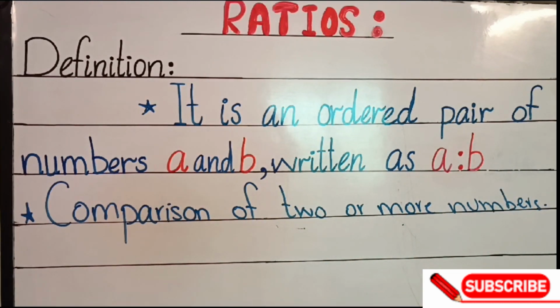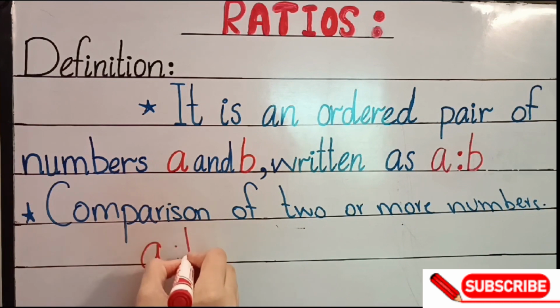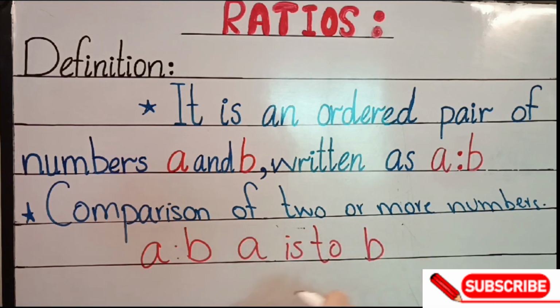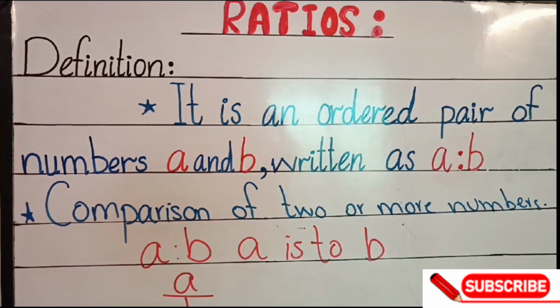Whenever we compare two or more numbers, that is known as ratio, and we can write it as A is to B. We don't say A ratio B, we say A is to B. We can also write ratios in fraction form. It means we can write A is to B as A by B. So this is the way to write ratios, and in ratios we compare two numbers or more than two numbers of the same kind.